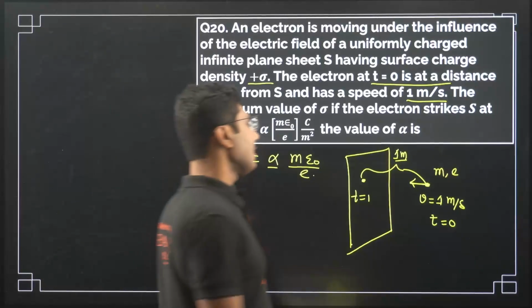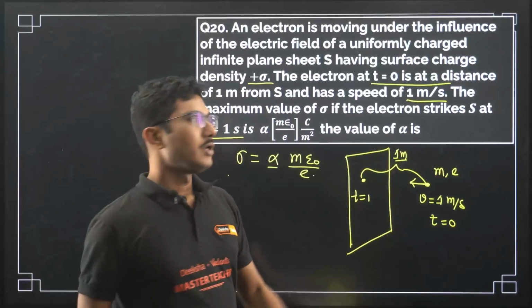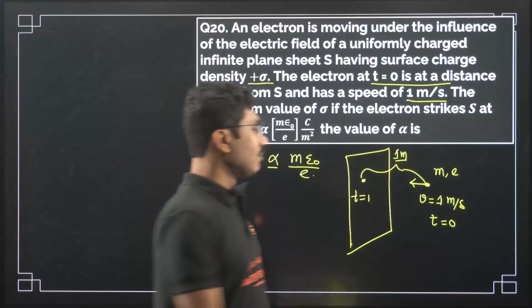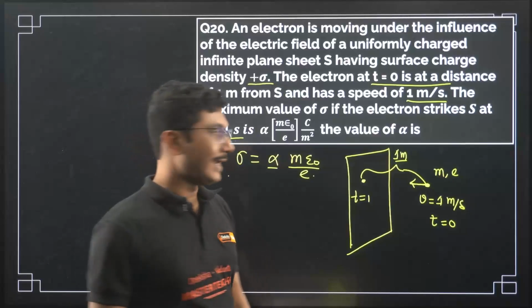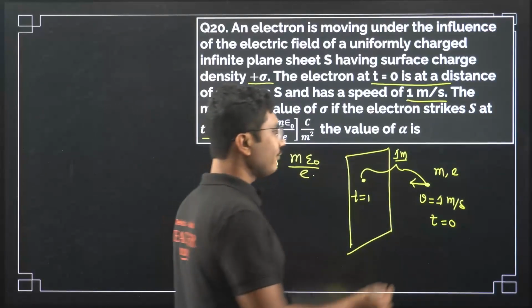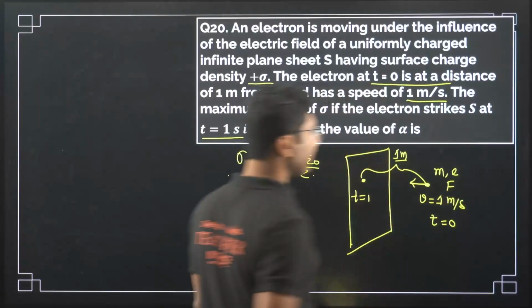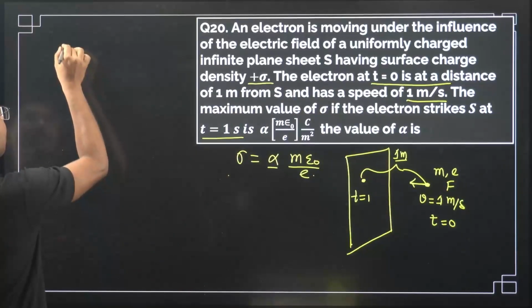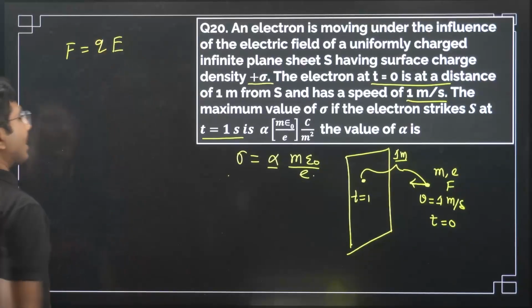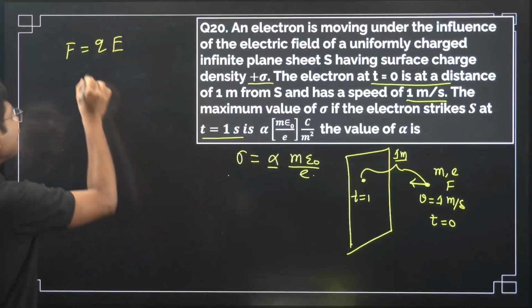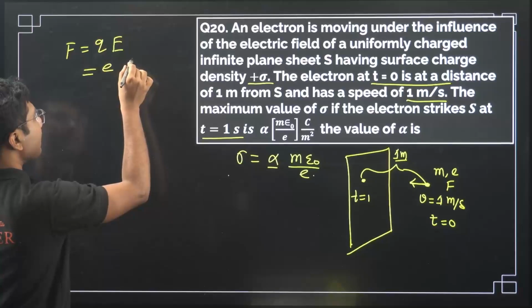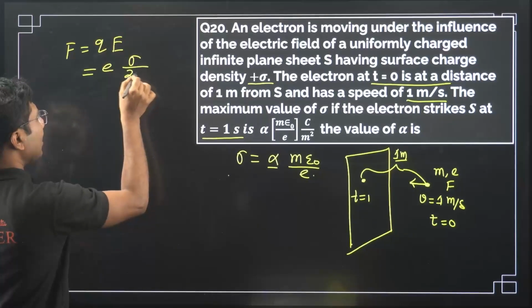First you have to find what is happening over here. This electron was moving towards the plate and it is also experiencing a force. What is that force? The force here is given by Q into E, where Q is the charge of the electron, and the electric field is given by sigma by 2 epsilon naught.